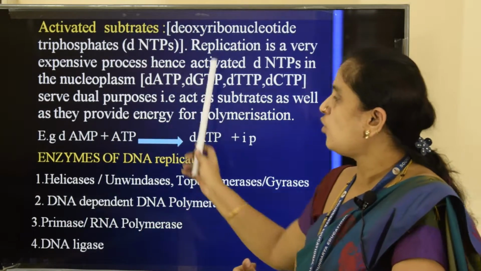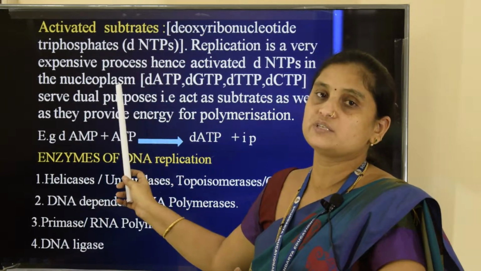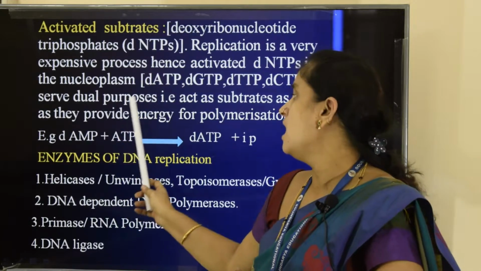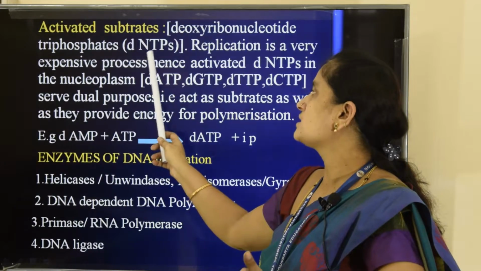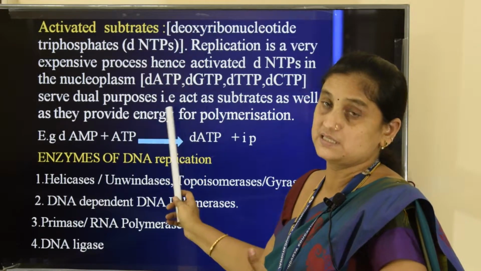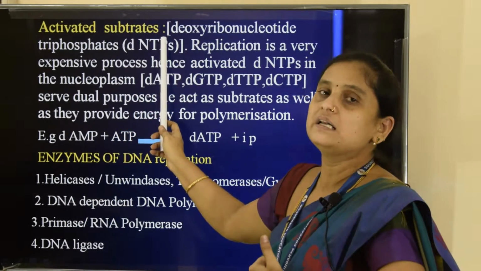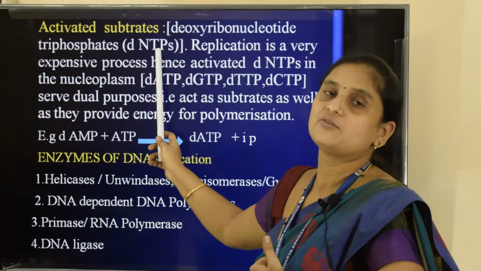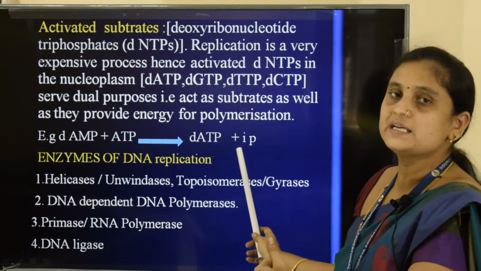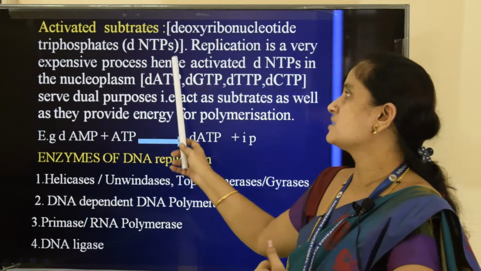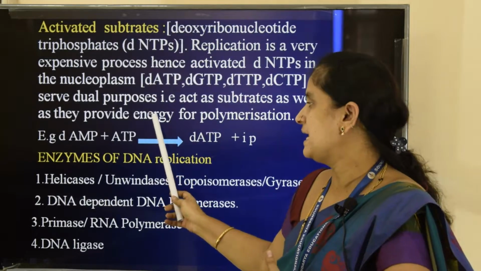Like this, all the 4 different types of monophosphate forms of deoxyribonucleotides undergo the activation process and get converted into deoxyribonucleotide triphosphates, and these serve as activated substrates. You have to listen and watch carefully so that you get the idea of how the activated substrates are made available during DNA replication.